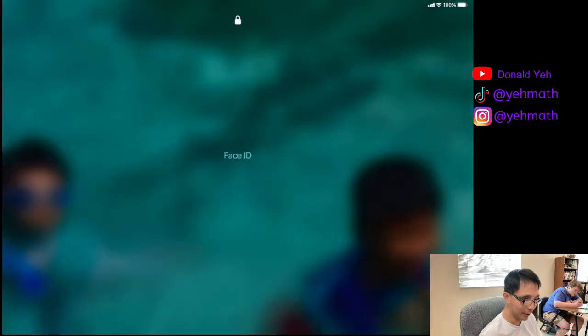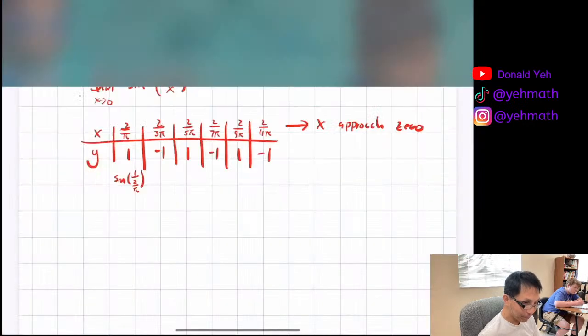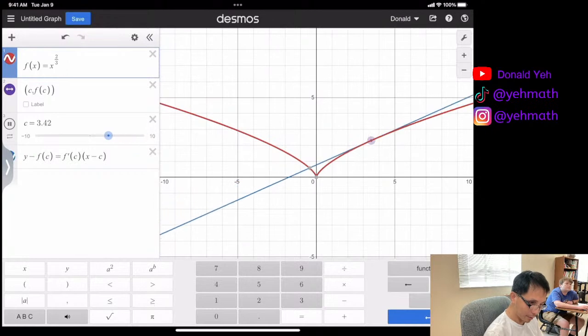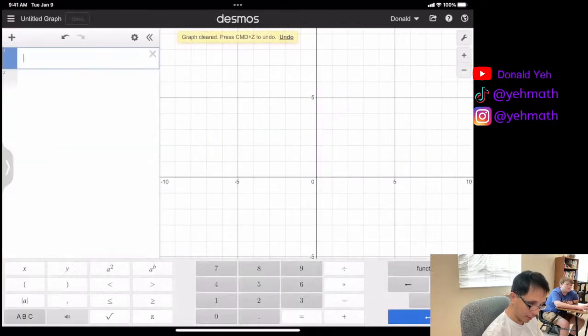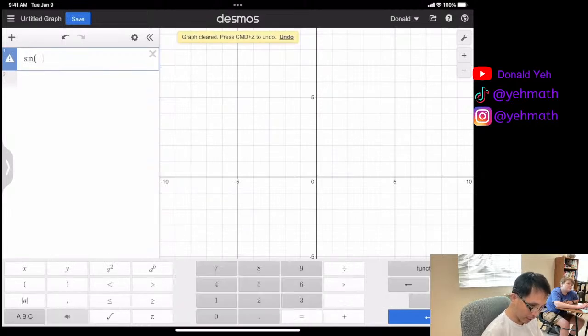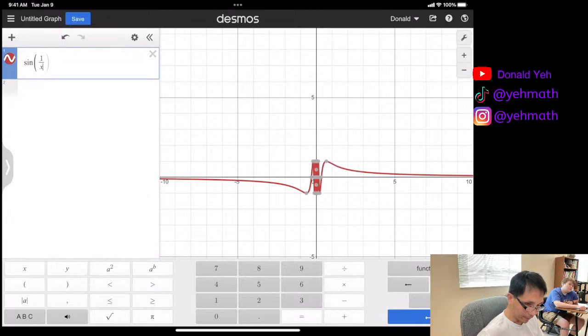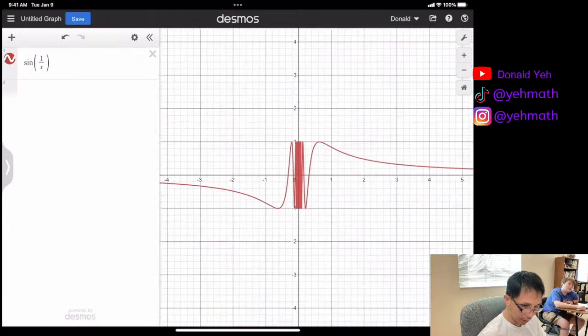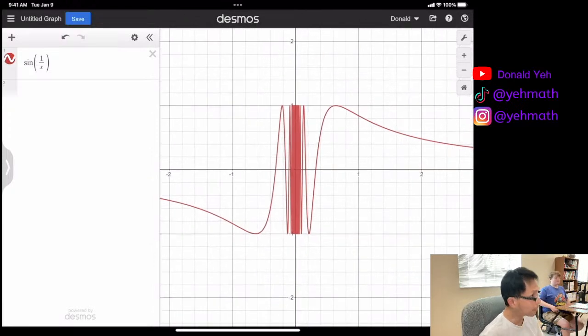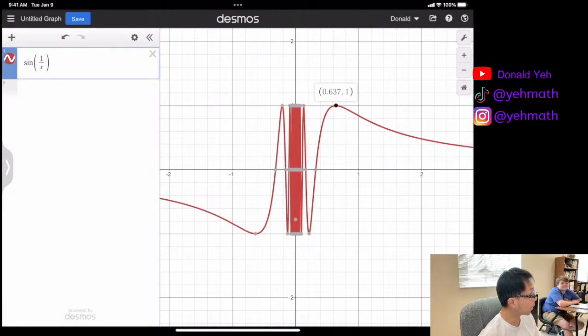So I'm going to show you what the graph looks like. You're going to say, oh, okay, that kind of makes sense. So let's just look at the graph of sine of 1 over x. There's nothing abnormal about this graph. If I reach the positive side, that's going to be 1. Negative 1. Positive 1.